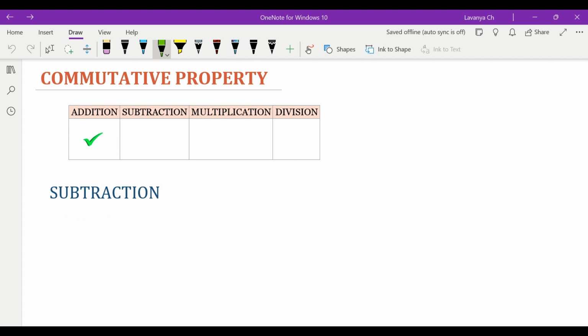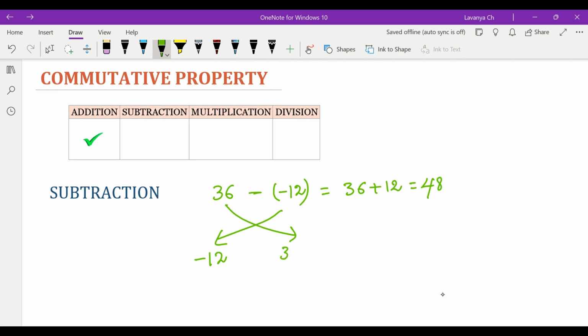When it comes to subtraction, consider two integers again, 36 and negative 12. We have to subtract now. So this will get simplified like this and then we can write the answer as 48. Now swap the positions. Negative 12 comes first, and this integer goes next, that is 36.